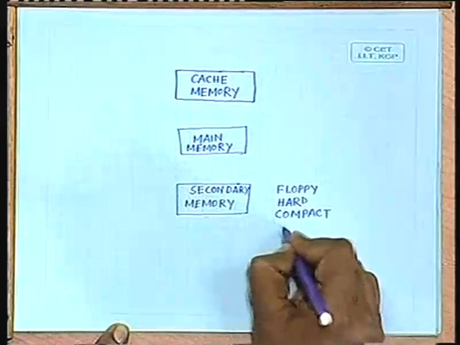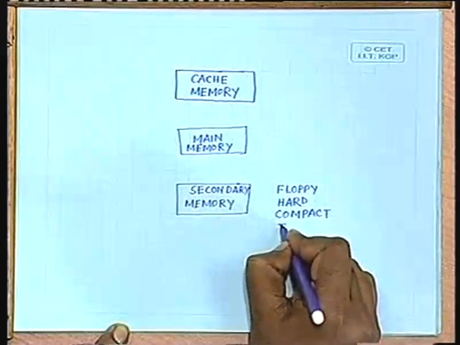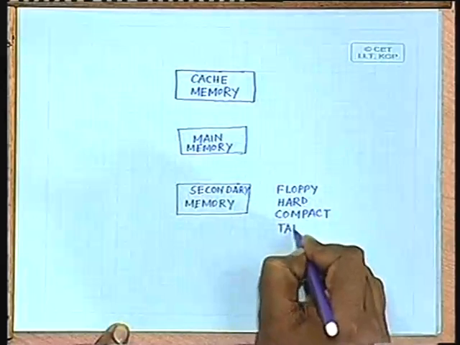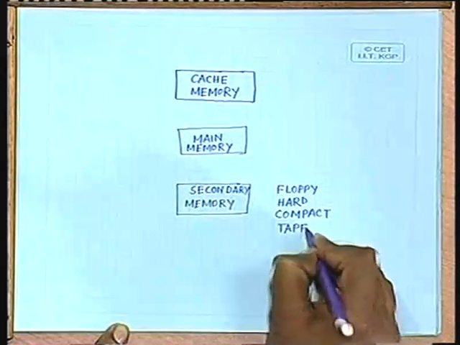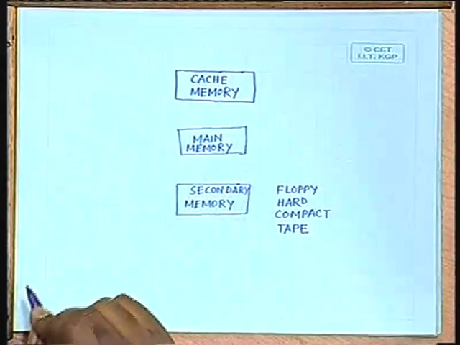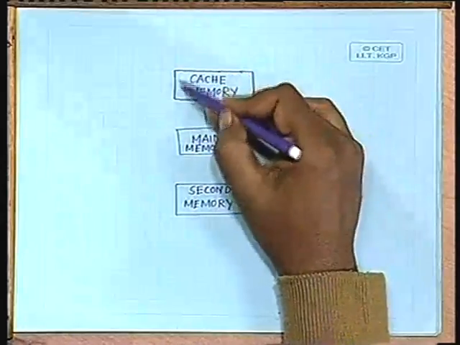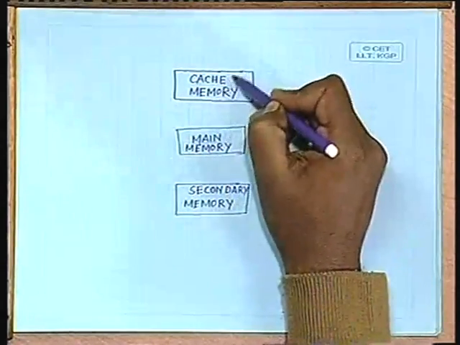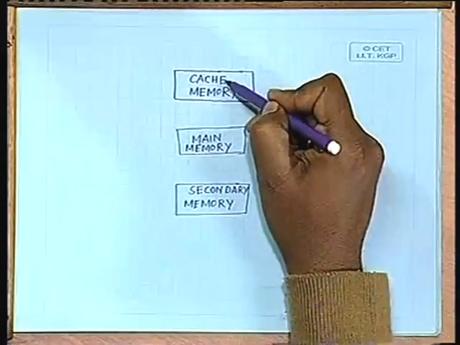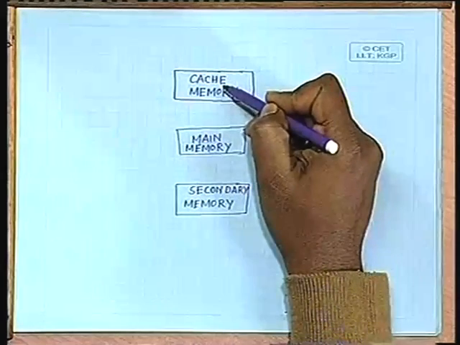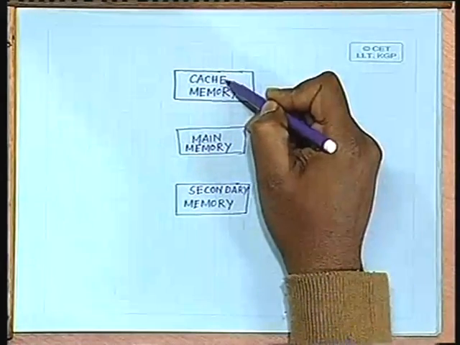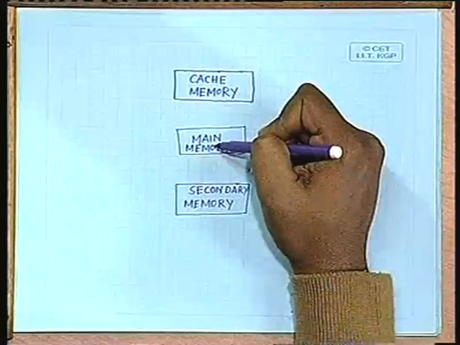And we can also have other kind of secondary memory like magnetic tape. And the hierarchy is like this. Whenever the CPU wants to access something, it first tries to find whether that particular data is available in the cache memory or not. If it is not available in the cache memory, then the CPU tries to find out if it is available in the main memory.